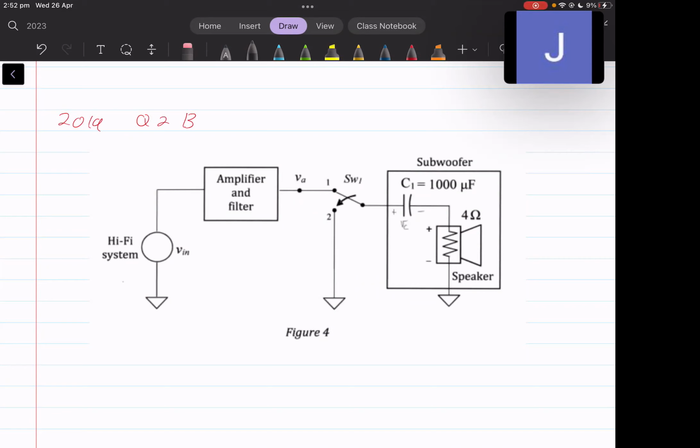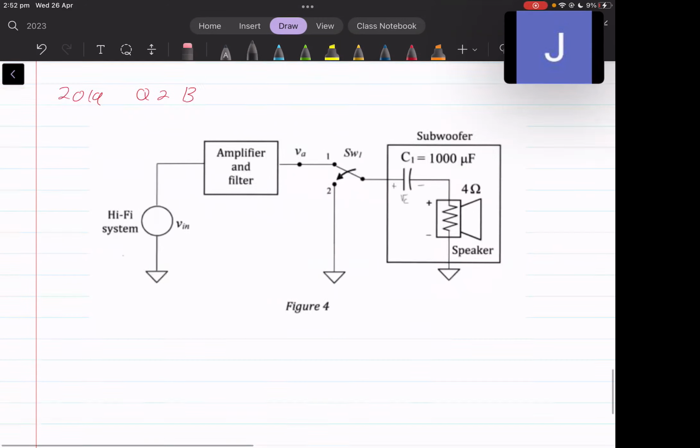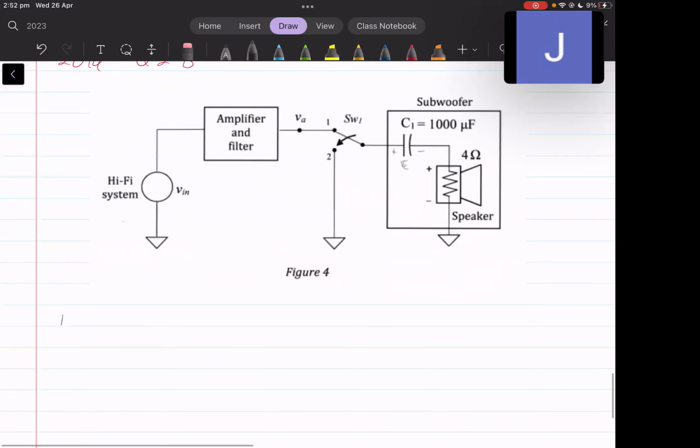The amplifier breaks at t equals 0. So from t equals 0 to 30, the switch is closed.